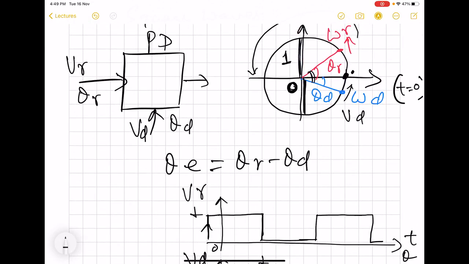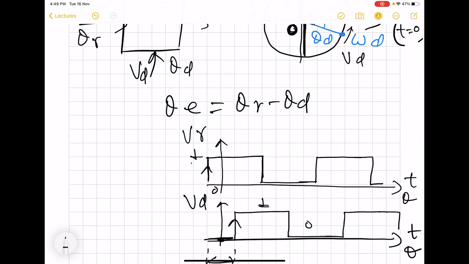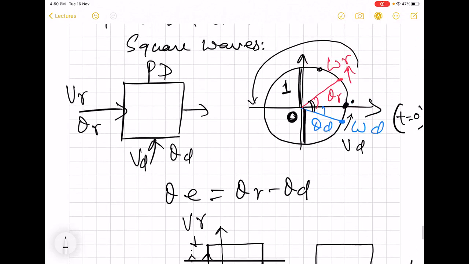Suppose this theta r were here, then this rising edge would have been here, and there would be more gap between these two edges. So it is the gap between the two rising edges of the two square waves which gives the idea of the phase difference between the two waveforms.